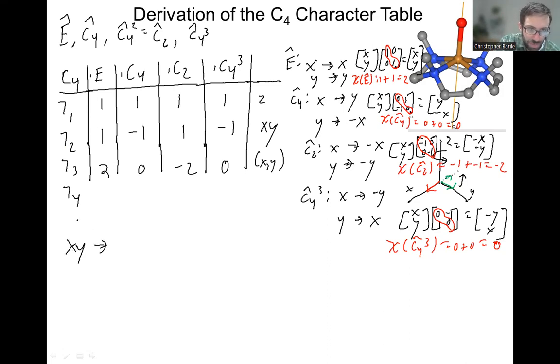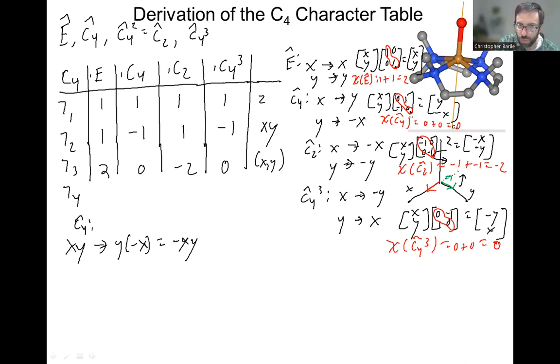This is for the C4 operation. It's going to get me y times -x, because x went to y, went to -x, which is equal to -xy. Well, something just went to the negative of itself. We put down a -1. So a 1 by 1 matrix with -1 describes this transformation. And then here we have a C2.